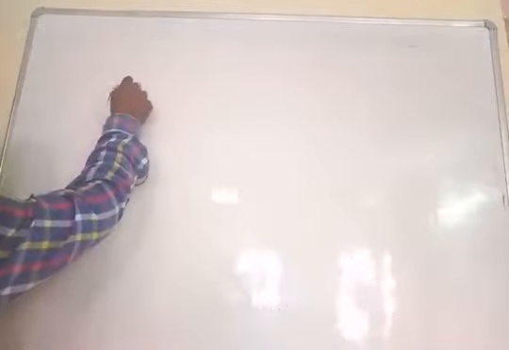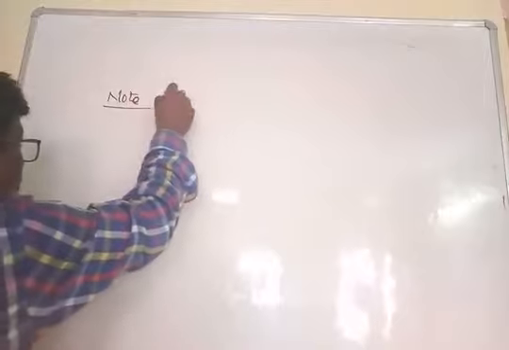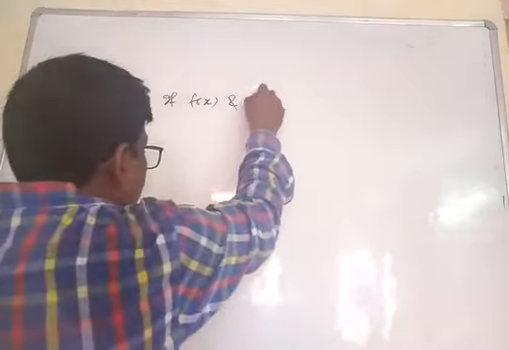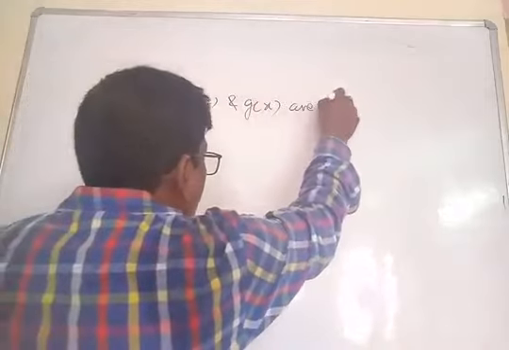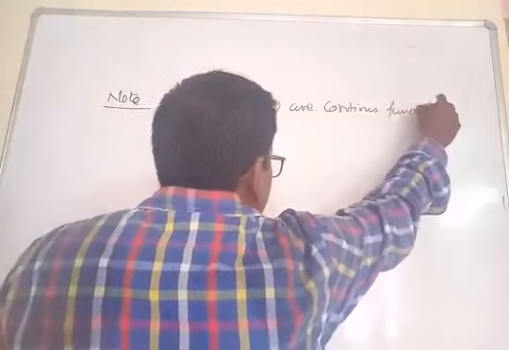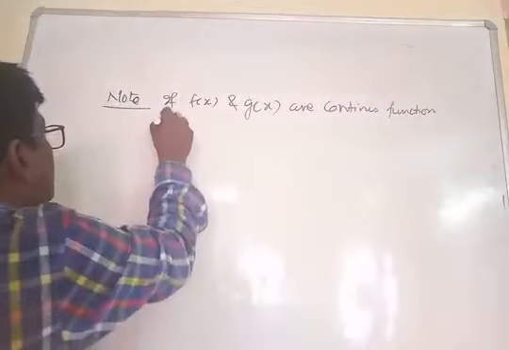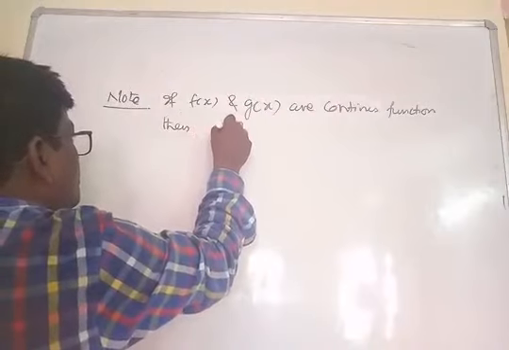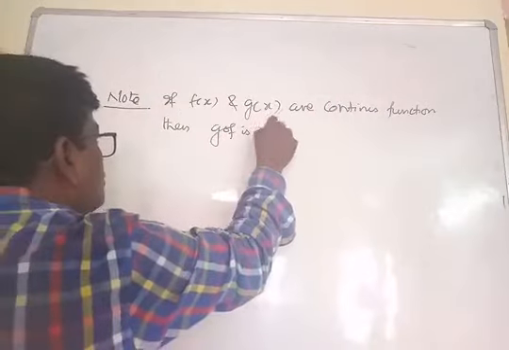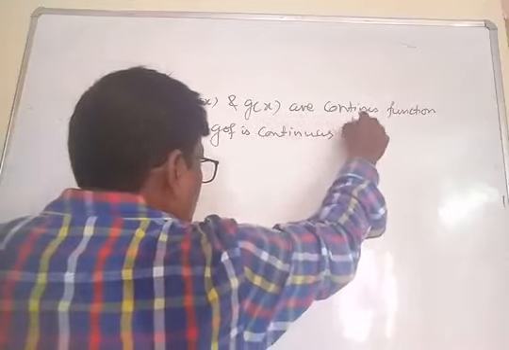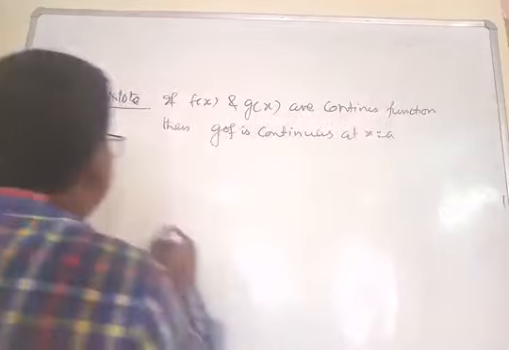Note, if f of x and g of x are continuous functions, then the composite function g o f is continuous at x is equal to a.